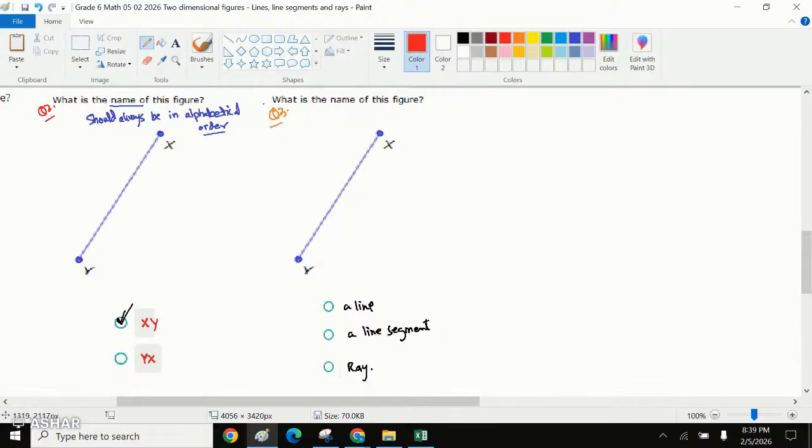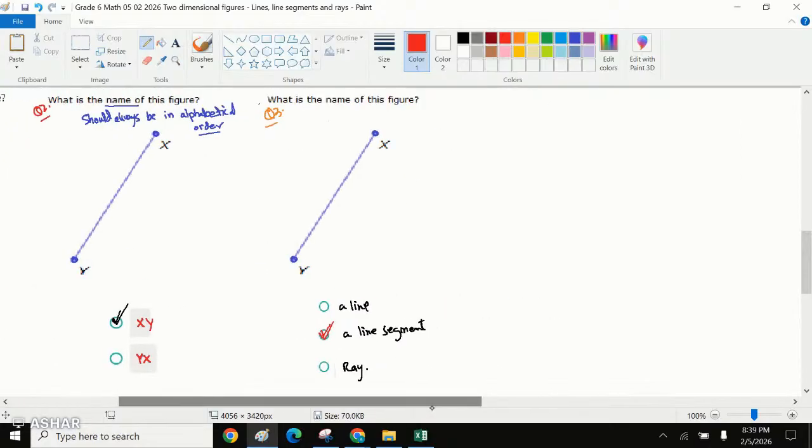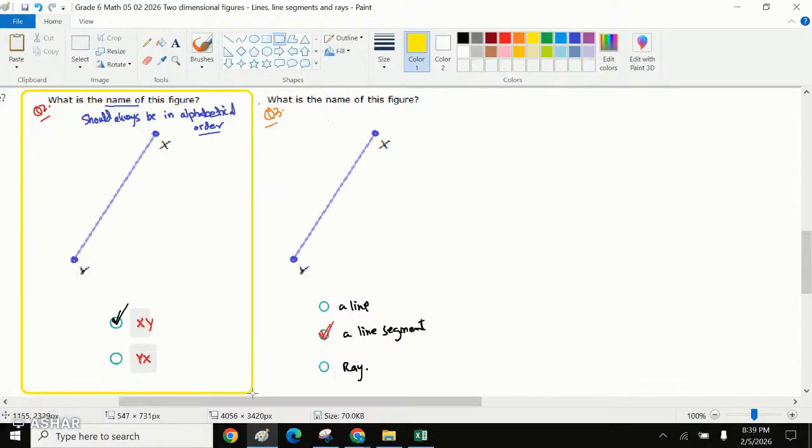A line is indefinite, right? A line segment or a ray? Ray is a starting point and continuous. But we can say that in question number 3, the points X and Y, yes, it is a line segment. So depending on our requirement for the question, we would give the answer depending on the options available.